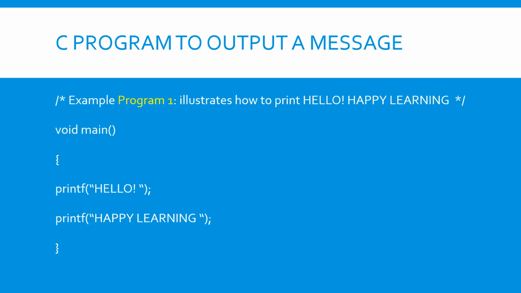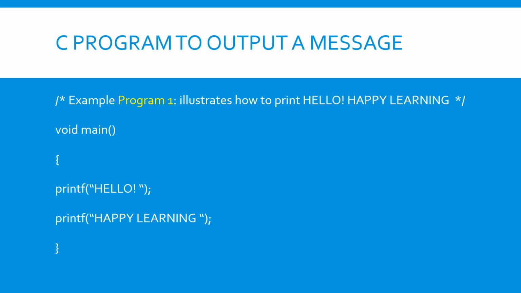Let us take up our first exercise question for outputting some message. To start with, a user can enclose the comment on the top of the program between /* and */. Then comes the line void main(), open the braces, give the statements one after the other.